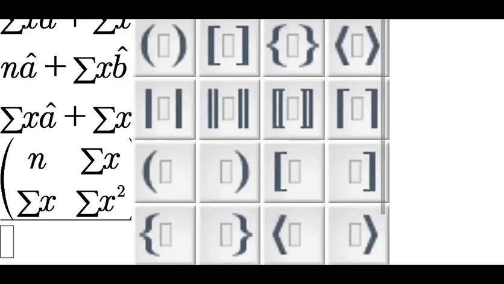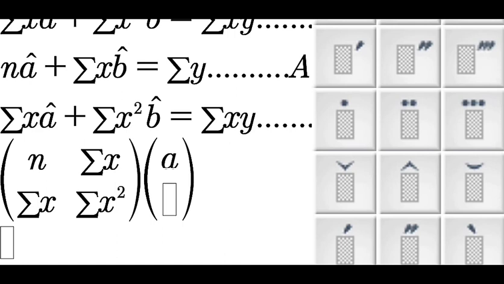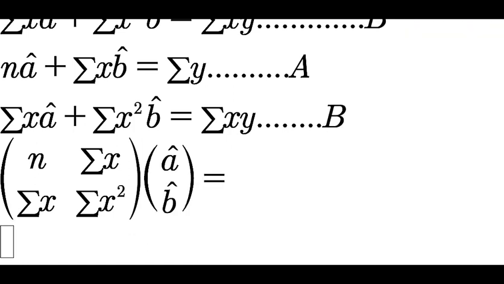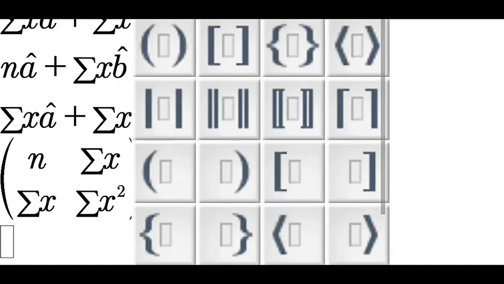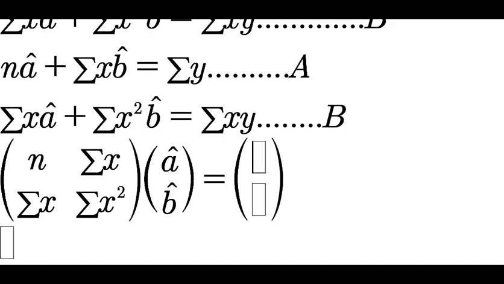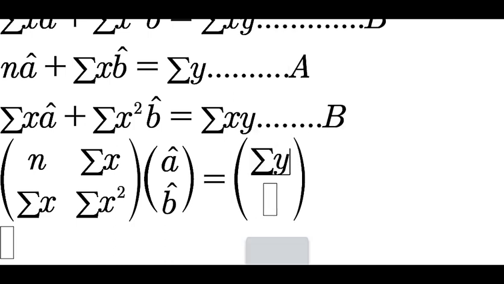Again, we have our first unknown or variable a hat, and our second unknown or variable b hat, equal to the constant vector from the right hand side, which are summation y and summation xy.